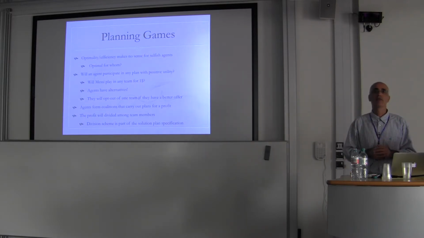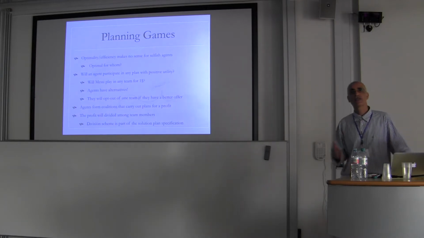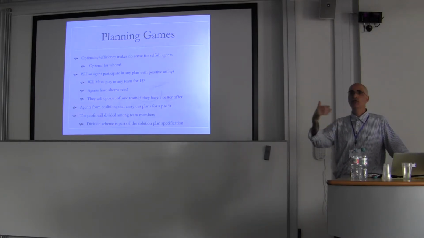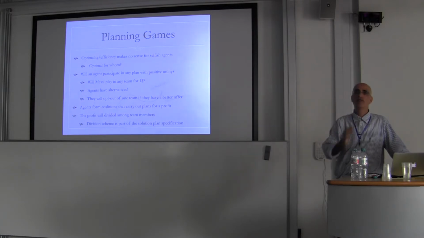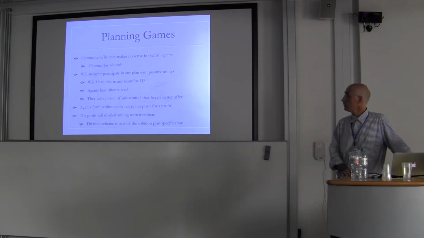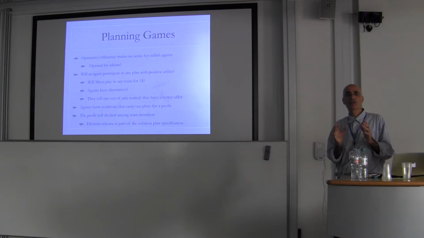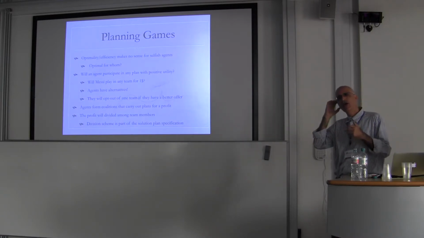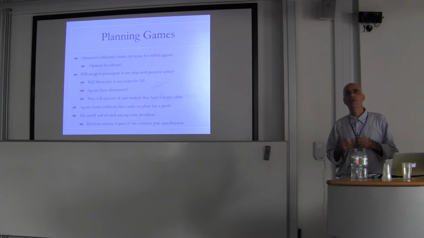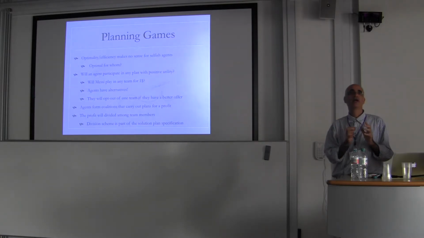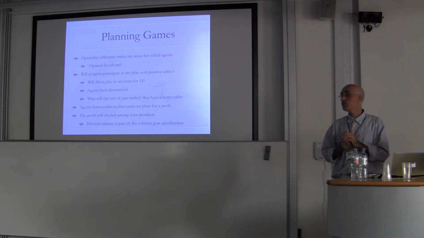A coalition is stable if there is no incentive for agents within this coalition to form a different coalition. So again, the point that I want to get across, beyond the specific detail, is that when you look at multi-agent planning problems where you have selfish agents, then you have to take into account various ideas from game theory, and combine them with planning in order to solve the situation.